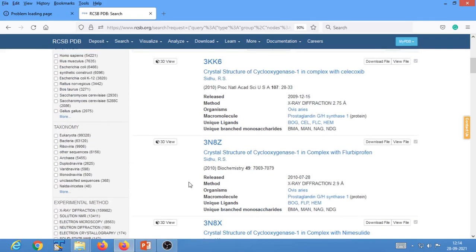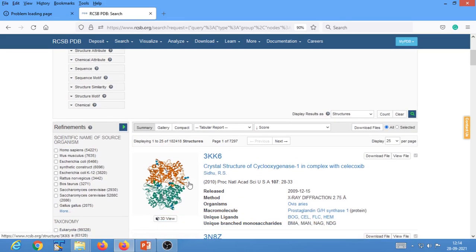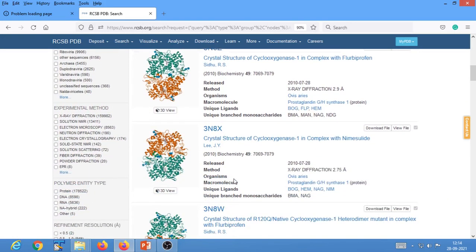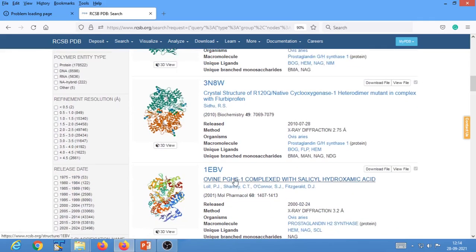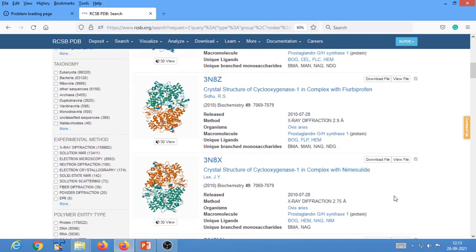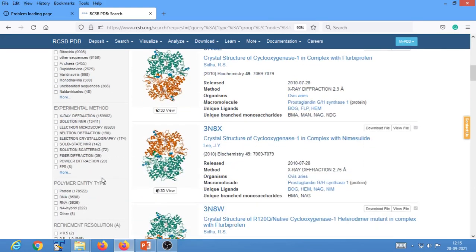Okay, so here you can see that there are a lot of structures for cyclooxygenase. Cyclooxygenase 1 and cyclooxygenase 2, there are a lot of structures, right? Now let us focus only on how many cyclooxygenase structures are from mice.